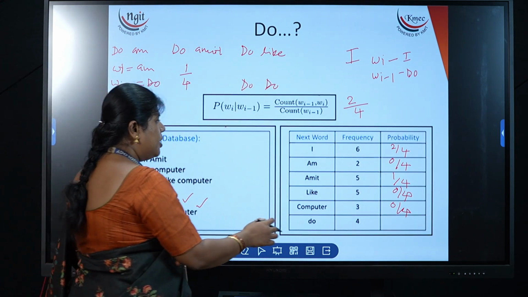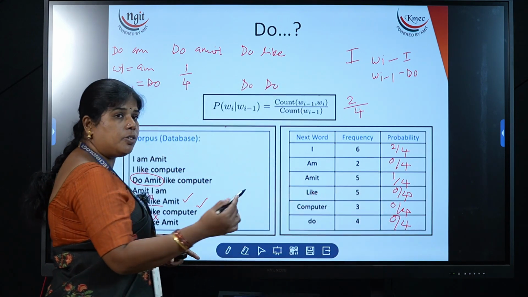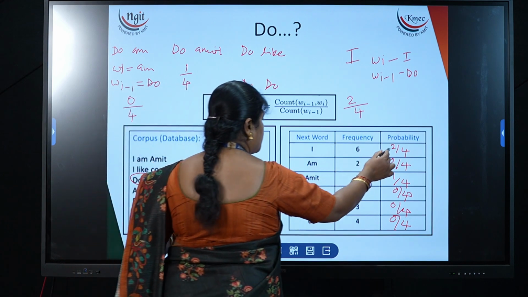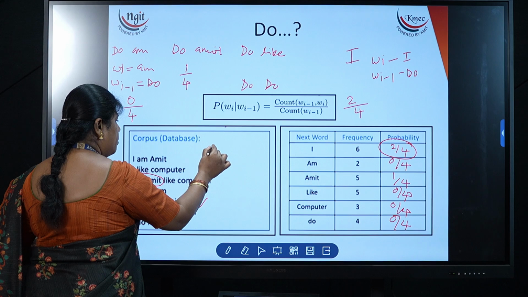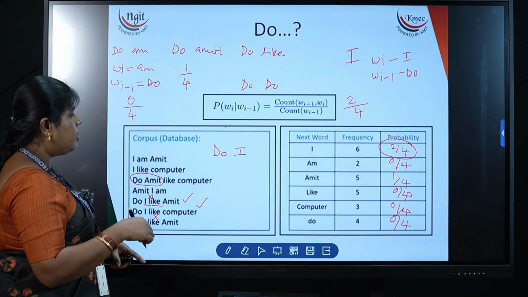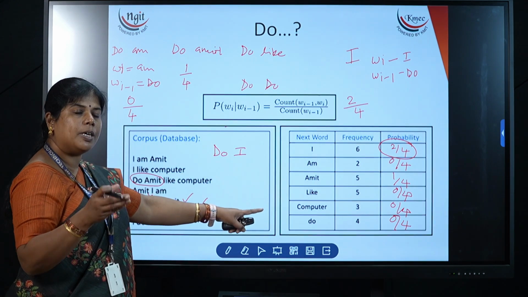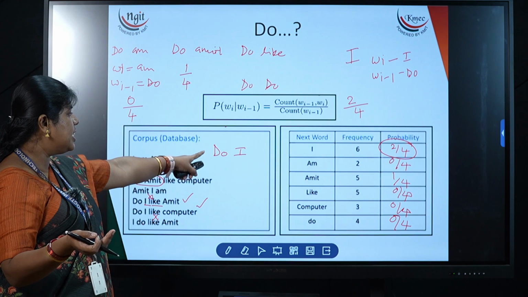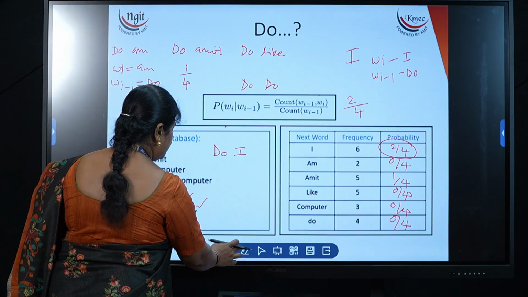No. So again 0 by 4. Out of all these probabilities, which one is the highest? Of course, the first one, that is 2 by 4. So the user will type "I" after "do". Like this, an n-gram constructed using conditional probability helps you find the next probable word.